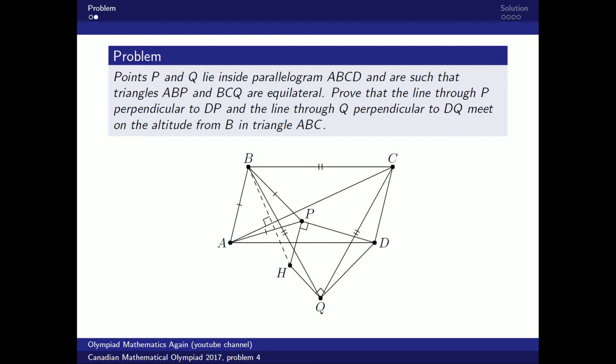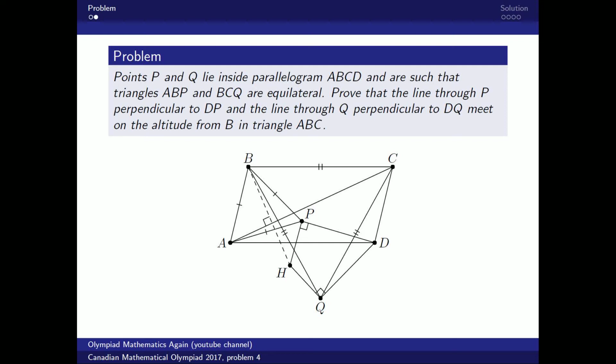Then we construct two additional lines: a line through P perpendicular to PD, which on the picture is PH, and the line QH perpendicular to DQ, so they meet in point H. We need to prove that this point H lies on the altitude from B to AC, or, which is the same, we need to prove that BH is perpendicular to AC.